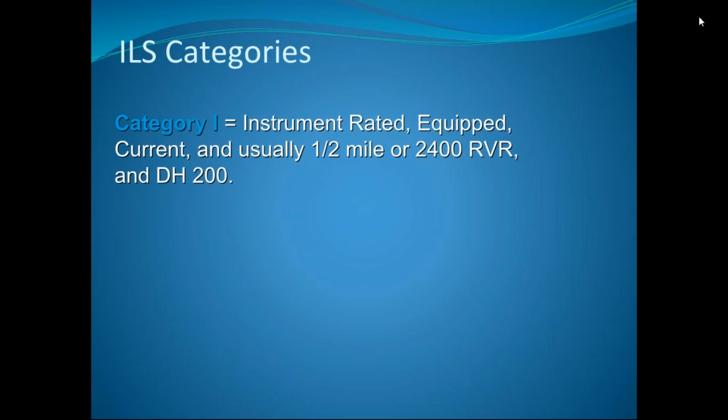So usually the minimums are 1/2 mile or 2400 RVR and 200-foot decision height. So when we say decision height, we're talking about the height above the ground, also known as AGL. So that's typically what a Category 1 ILS approach is going to be. There's exceptions to this rule, as always, but that's kind of the standard.